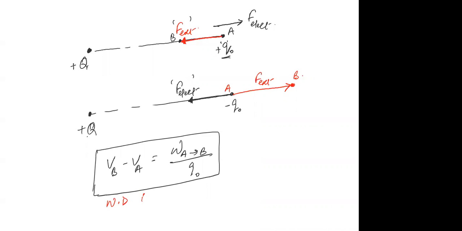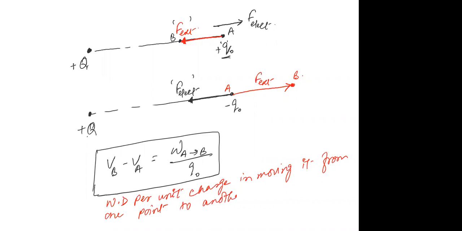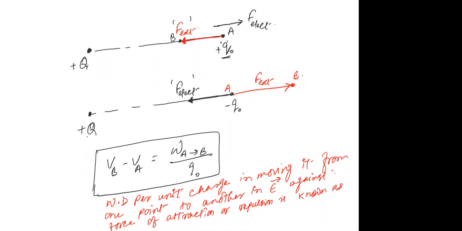Work done per unit charge in moving it from one point to another in electric field against force of attraction or repulsion is known as potential difference.